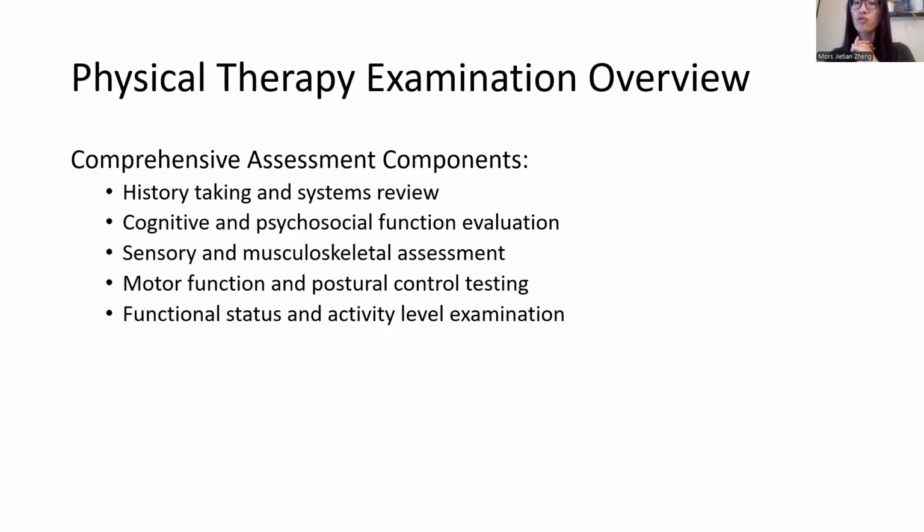Sensory and musculoskeletal assessment help us understand the full scope of impairment. Motor function and postural control testing forms the core of our neurological assessment. Finally, functional status and activity level examinations tell us how all these impairments translate into real-world problems and disability.